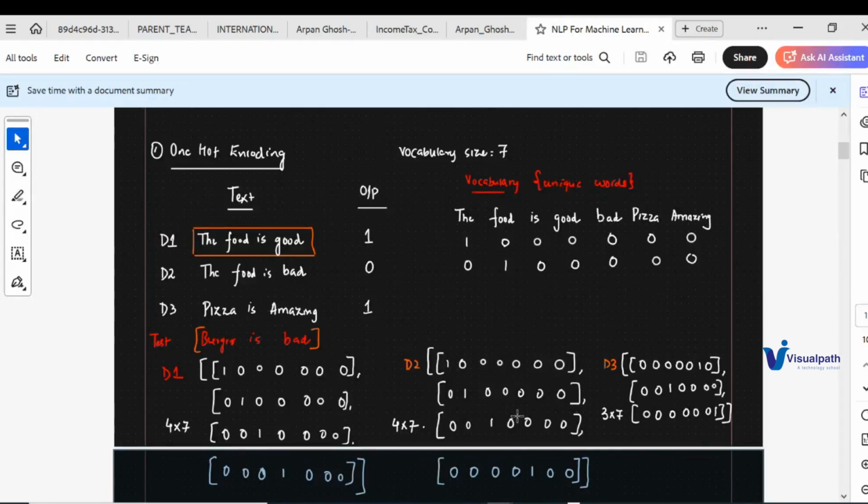That is important for our LLM. If the LLM does not understand the context, how will it be able to do semantic search and give you the response properly? Is it clear, guys? Understood the way one hot encoding happens and the advantages and the drawbacks?